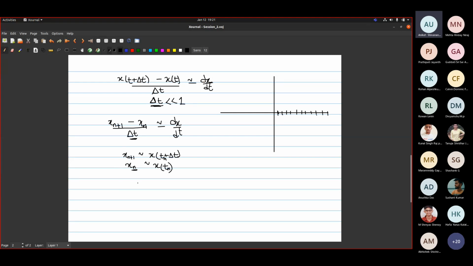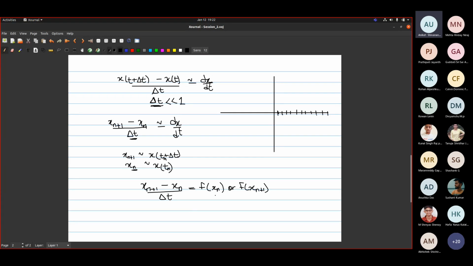Now for the entire equation we can write something like this: xn plus 1 minus xn over delta t equals f of xn. Now why have I taken f of xn here? I don't have to; I can even take f of xn plus 1. That really depends on what you're trying to solve.